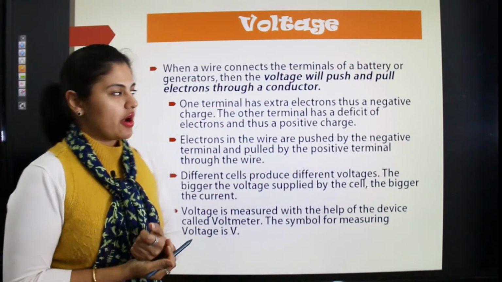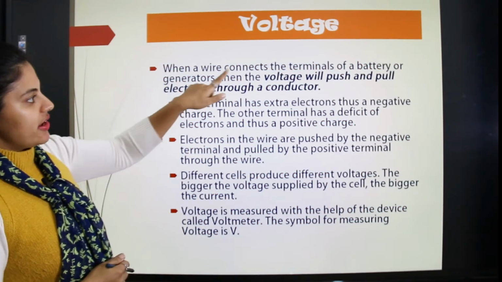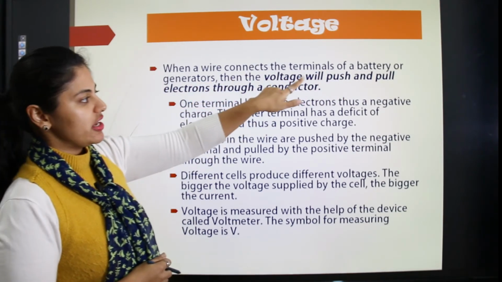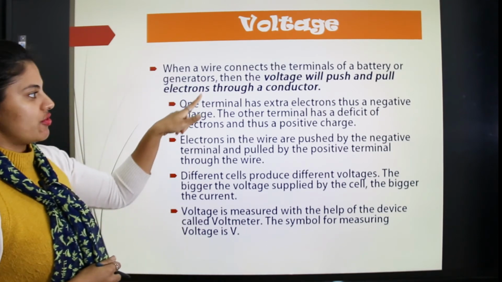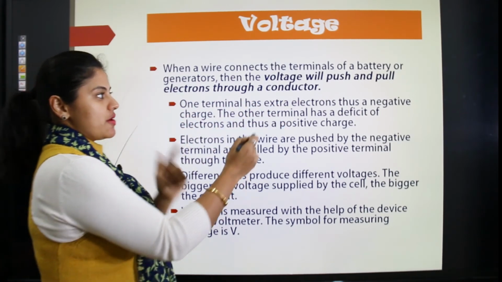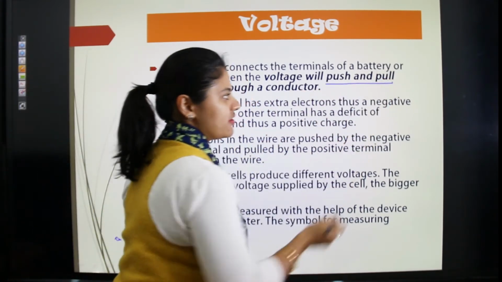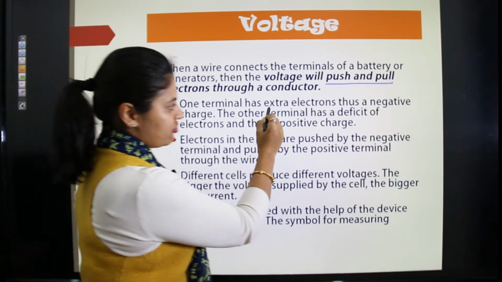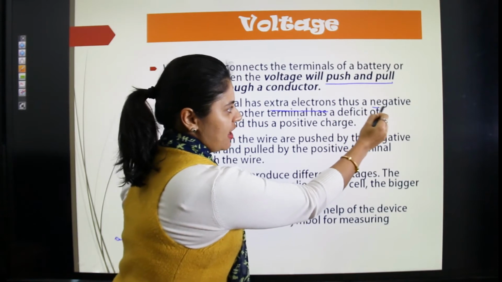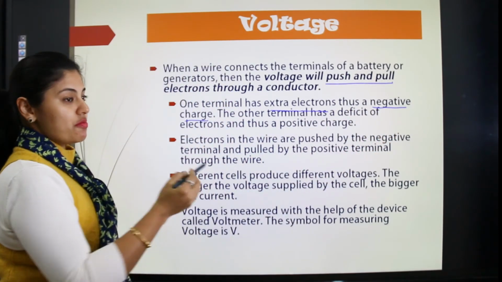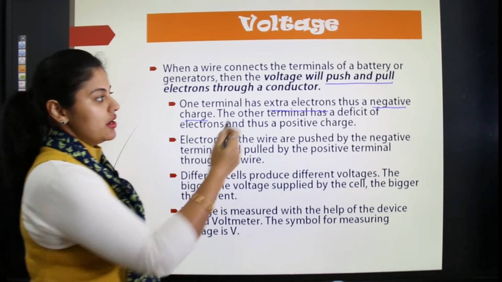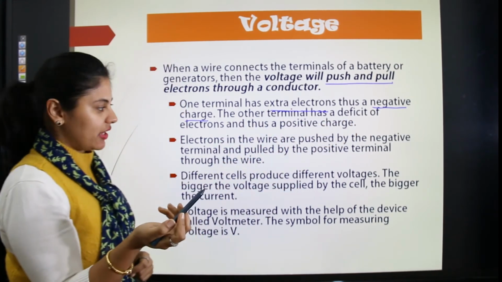Let's learn more about voltage. When a wire connects the terminals of a battery or generator, then the voltage will push and pull electrons through a conductor. So just remember, whenever there is a voltage, there is a push and a pull of the electrons. One terminal has extra electrons, and thus a negative charge. As I have discussed before as well, more electrons means a negative charge.